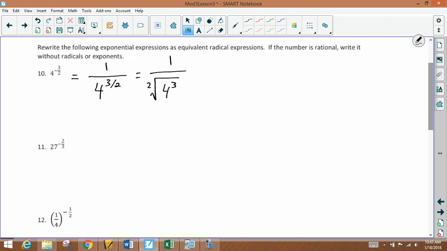Remember? You're just following that pattern. 4 times 4 times 4 is 64. 64 has a square root, huh? It is 8. And then we're done with that particular problem.